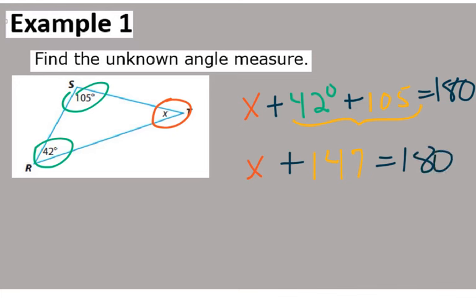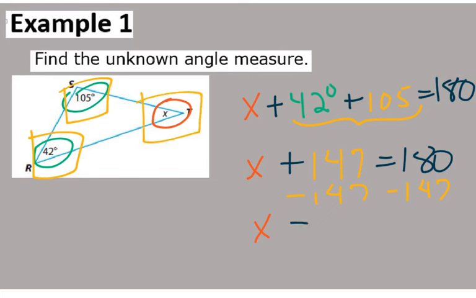So x plus 147 equals 180. In order to solve this equation, we need to get the variable x all by itself. So we're going to subtract the 147 from both sides. Basically what we're doing is subtracting our two known angles from 180, and that leaves us with what is left over, the unknown x.